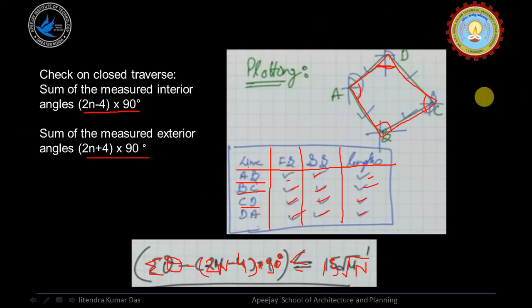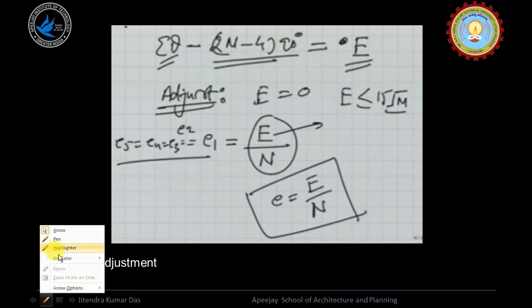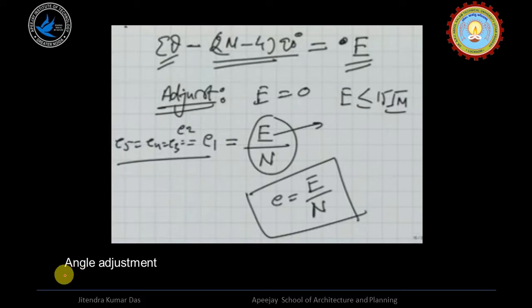There may be two kinds of adjustment. One is angle adjustment and the second is length adjustment. So how can we find the angle adjustment? First find the same difference, sigma theta minus (2n minus 4) into 90 degrees.